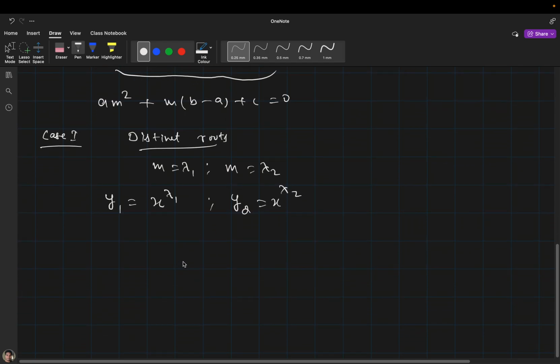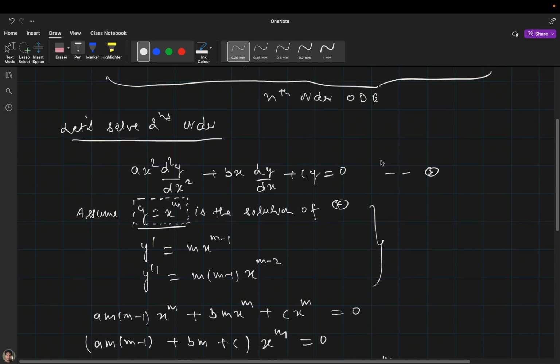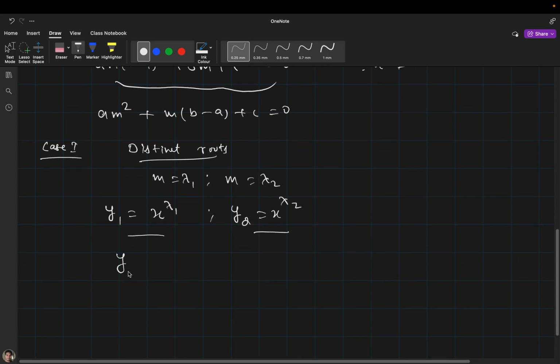Based on the linear combination of the solutions, because these two are linearly independent, the solution will be, since I am taking the homogeneous case, so I will write YH.